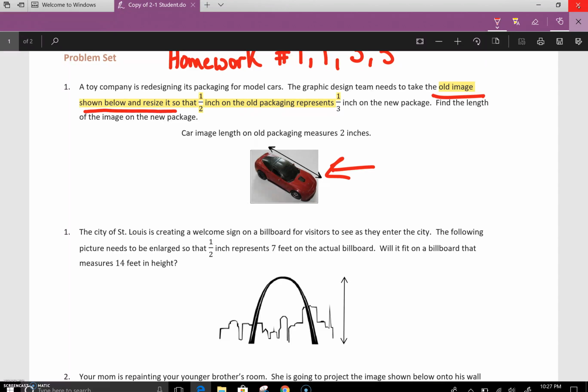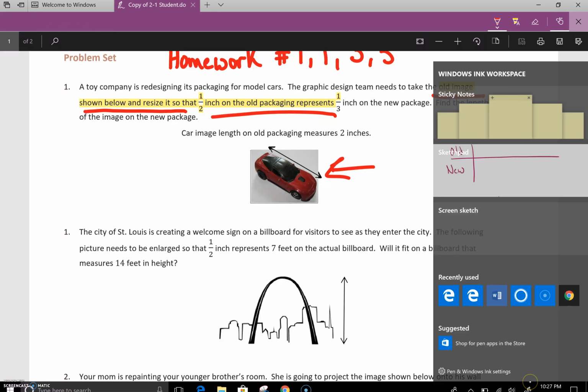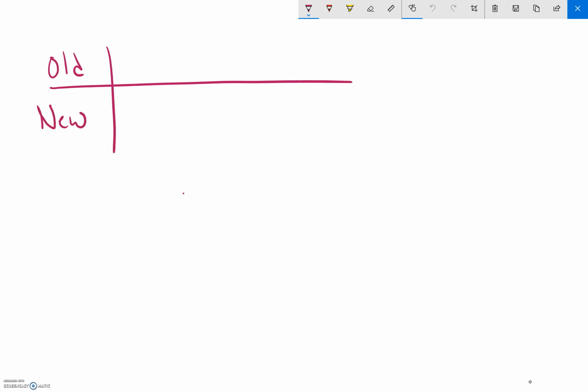The old image shown below. And they're going to resize it so that a half an inch on the old package is a third of an inch on the new. So that's our scale. Half an inch on the old package is going to become a third of an inch on the new package.